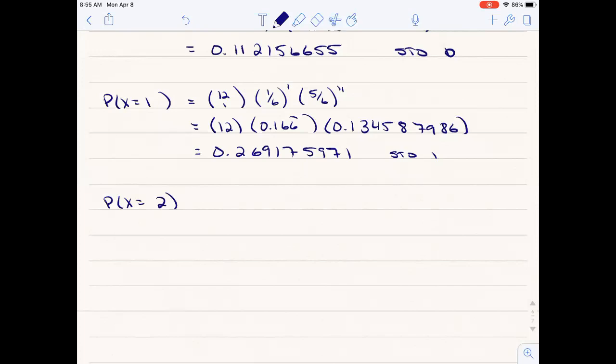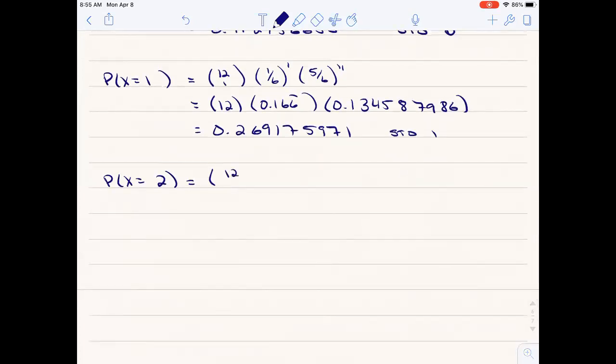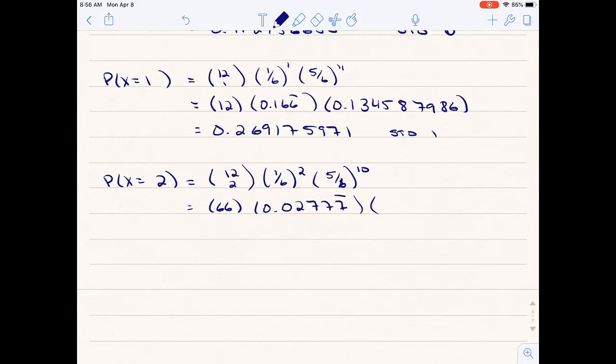Same idea, the probability that X equals 2 is 12 choose 2 times 1 over 6 to the power of 2 times 5 over 6 to the power of 10. 12 choose 2 is 66. 1 over 6 squared is 0.02777 repeating. 5 over 6 to the power of 10 is 0.1615055583.